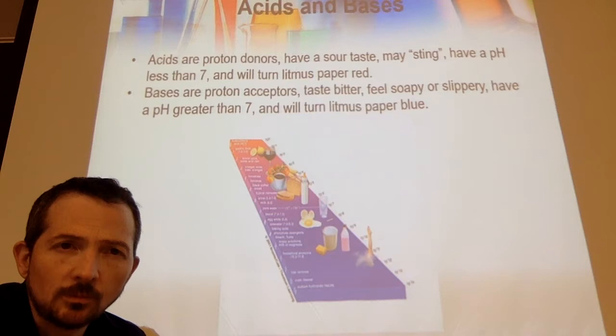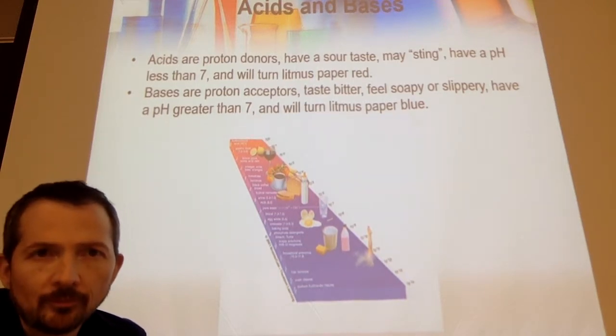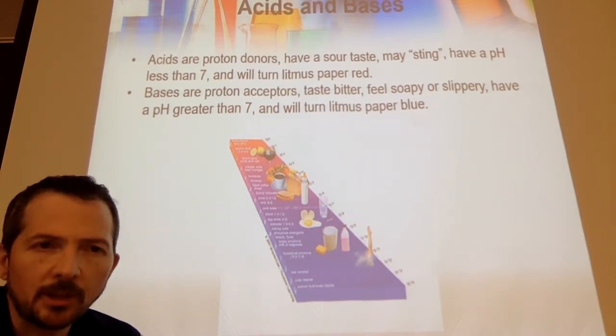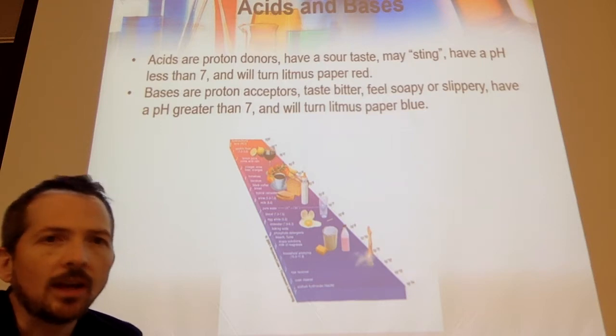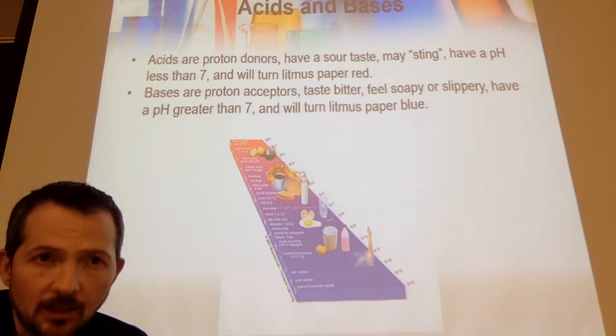So here are some more characteristics of acids and bases. I mentioned something called pH here. I don't know if you know what pH is, but a pH of 7 is neutral. A pH less than 7 is acid, and a pH greater than 7 is a base.